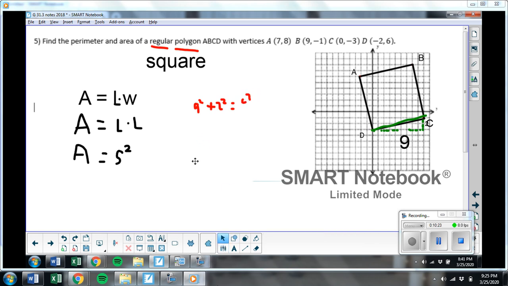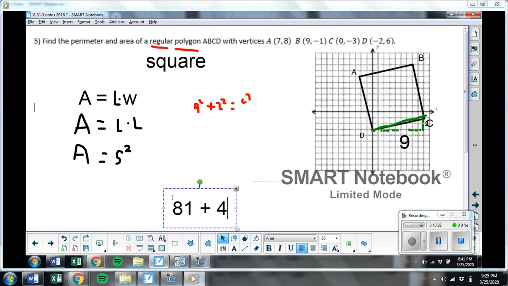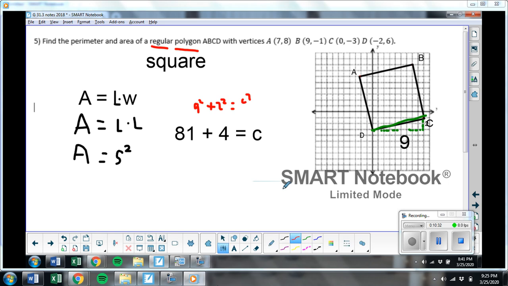So that would be 81 plus 4 equals c squared. So that would be 85 equals c squared. Square root both sides. C is square root of 85, which is 9.2195.